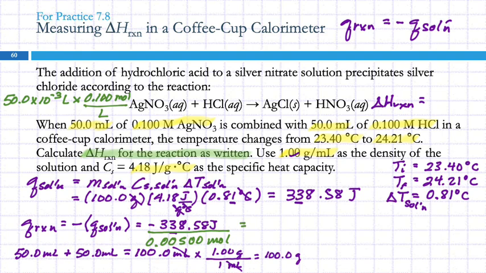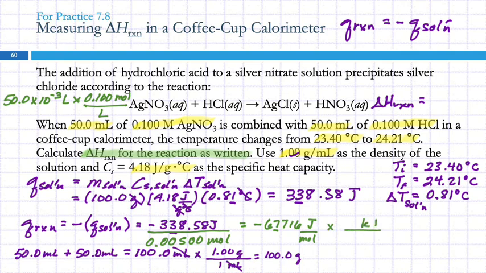So if I do the division here, I end up with negative 67716 joules per mole. And again, we should have 2 sig figs on that. A big number like that would probably be expressed in kilojoules.